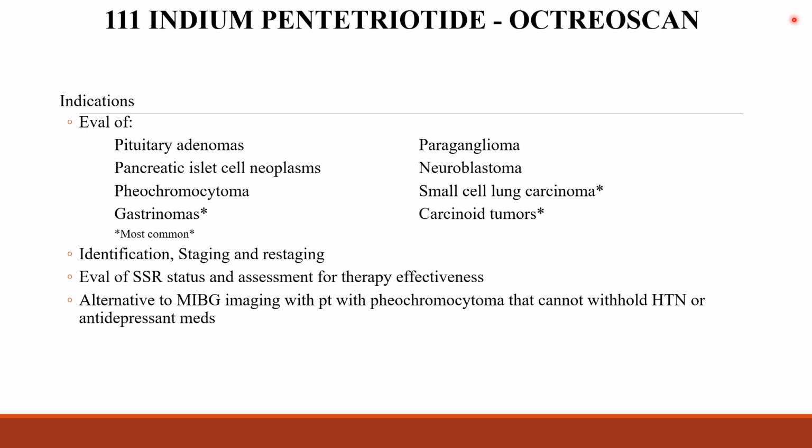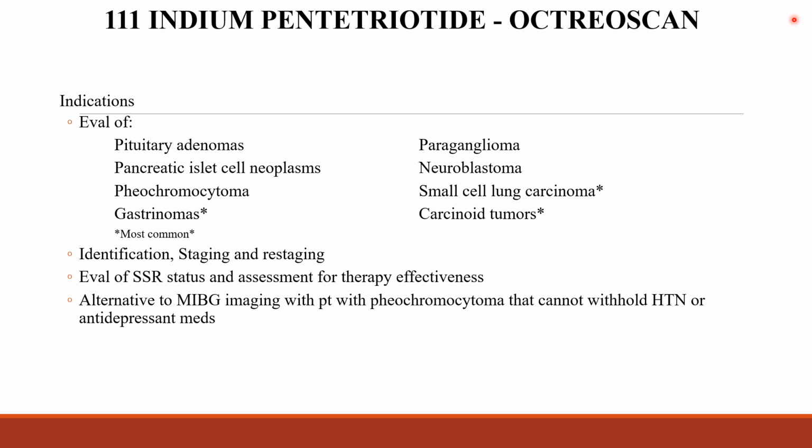And so people who have been having therapy for a while and maybe their cancer is progressing or their symptoms are getting worse, then they can undergo the Octreoscan or any of these dotates.